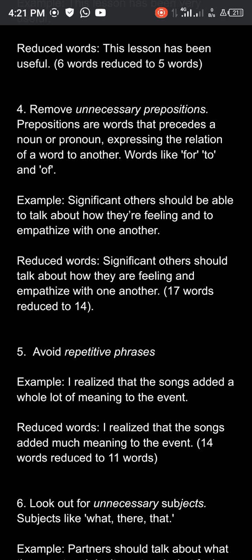Even as you are typing, you just search for each of these words. You see how voluminous they are in your passage. They always creep in at one point or the other. So you can remove those that are not necessary, those that are insignificant, those that if you remove, it will not distort the message of that sentence.